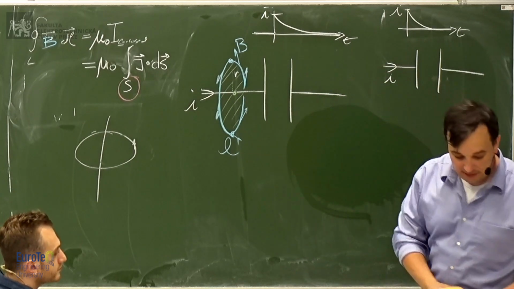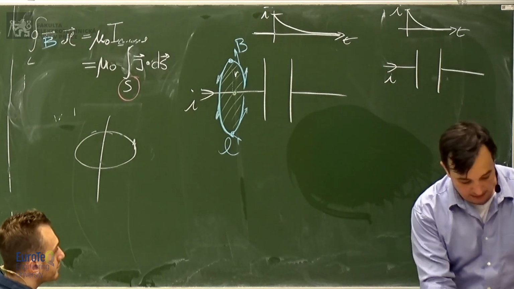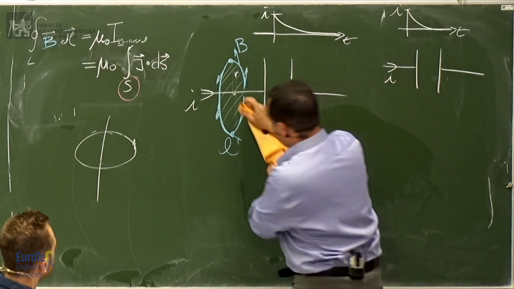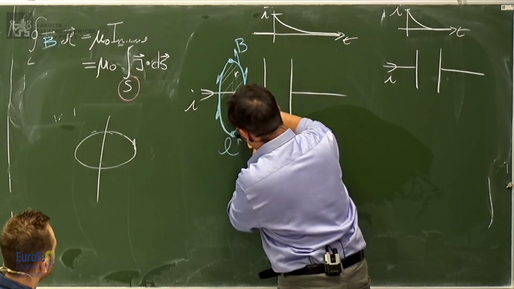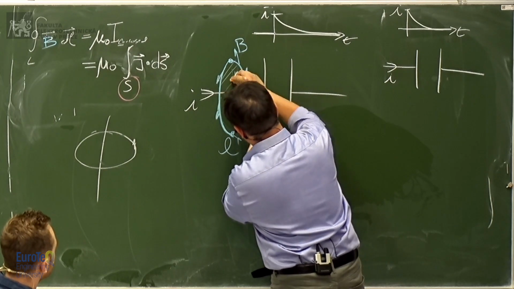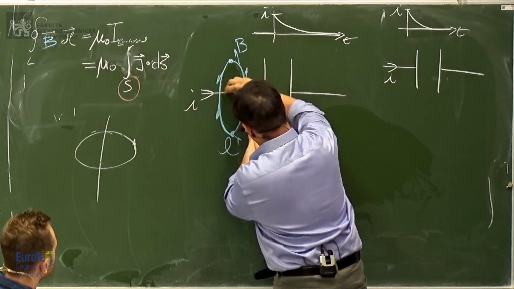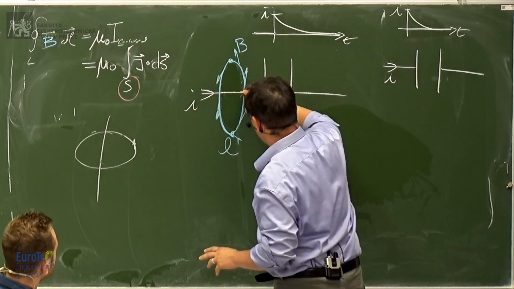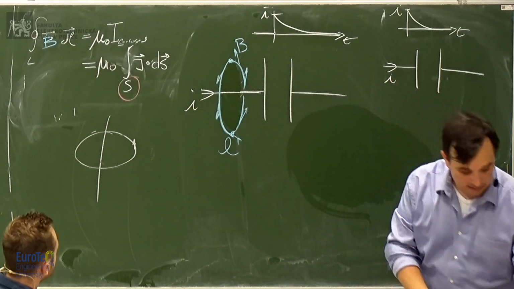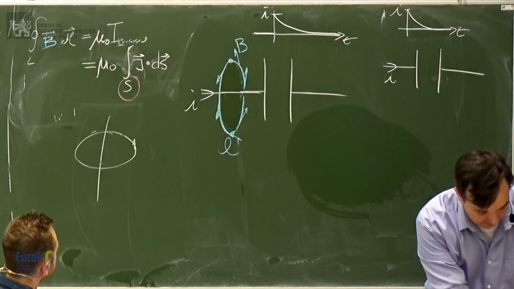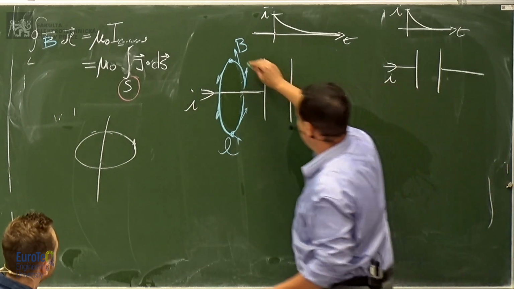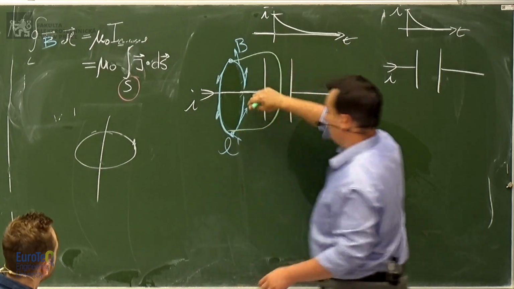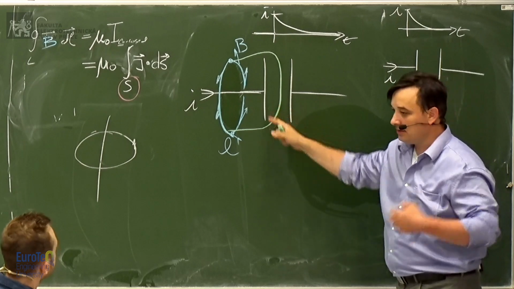Now the question is, what happens if instead of choosing this surface, I choose another surface which is slightly different? Let's say, let me find the green chalk, that I have a bag which covers one of the plates of the capacitor.